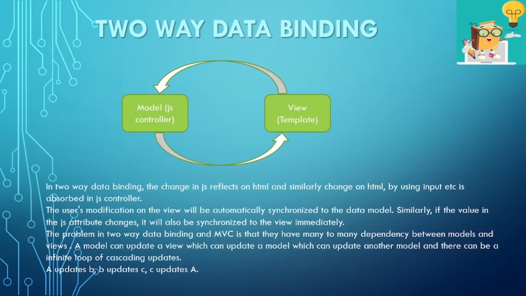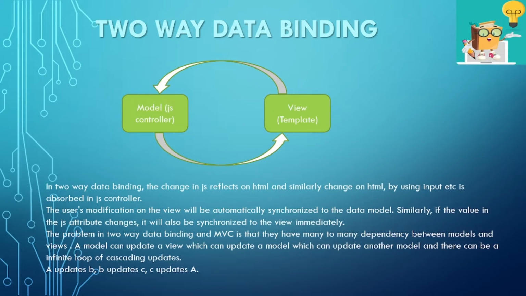The scenario could be that your model or your JS controller is updating the view, and in turn your view is updating some model attribute, and then that model attribute is further updating some other model attribute. So there can be an infinite loop of updates of the attributes, because the data flow is between your JS controller and view in a bi-directional way.